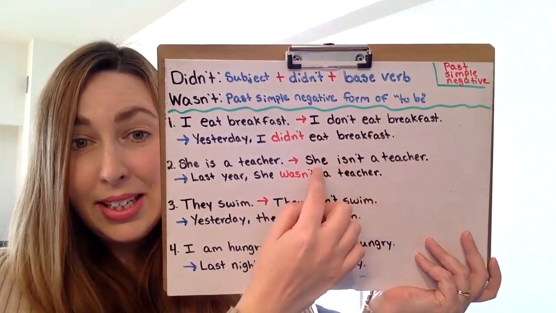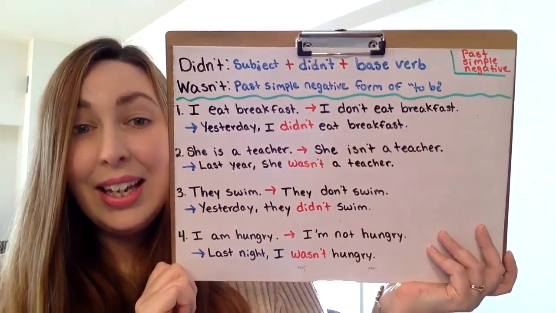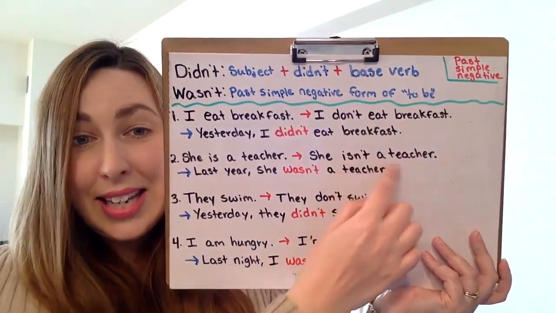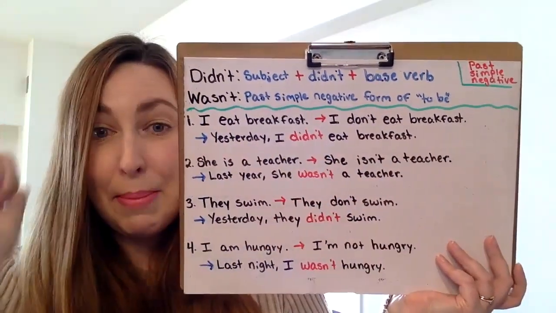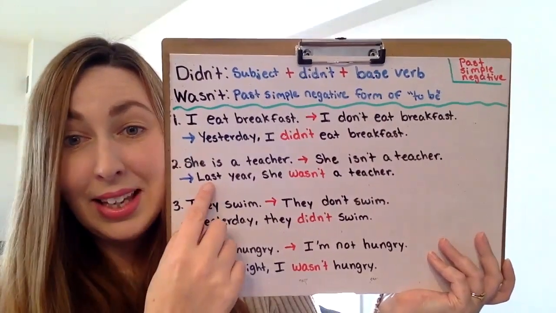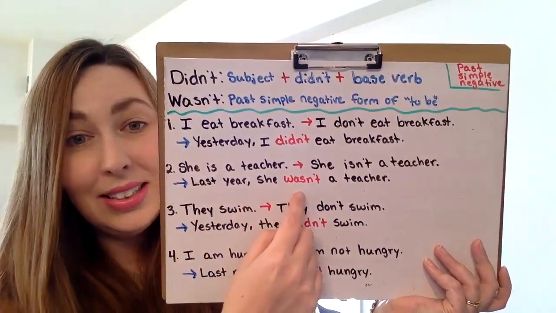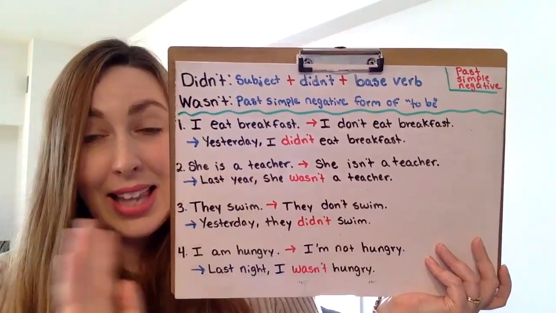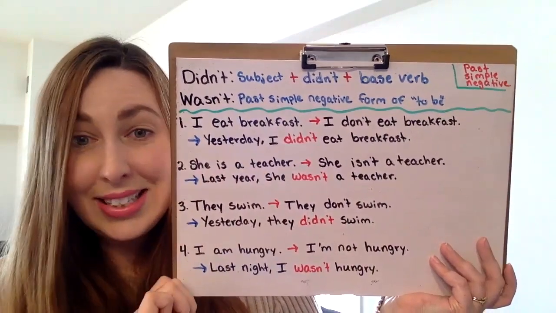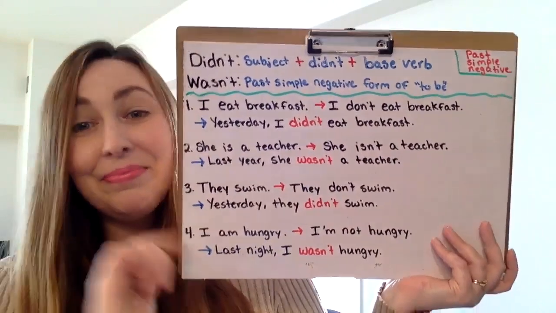So basically, she is not a teacher. Then we take this negative sentence and put it in the past. Let's say last year, she wasn't a teacher. Is it making sense?